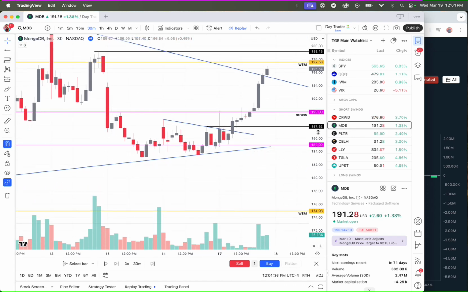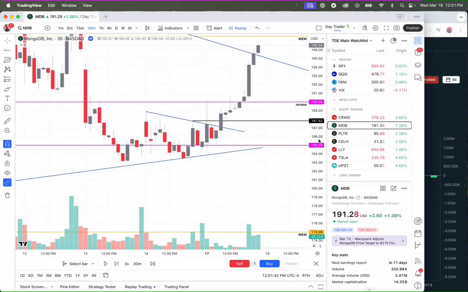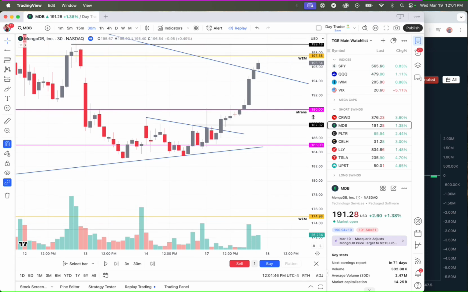I just want to know what's possible. What's the range for the bottom and for the top? And once it starts breaking out of consolidation, then I'm going to pick that side and take a shot at the side that's being broken out of.